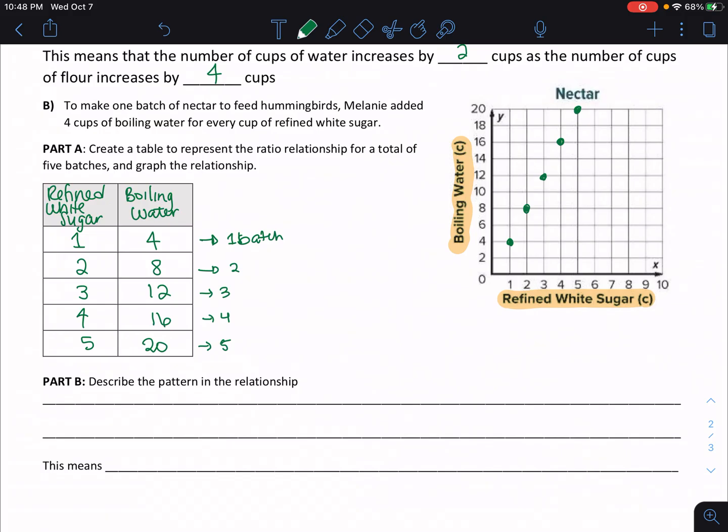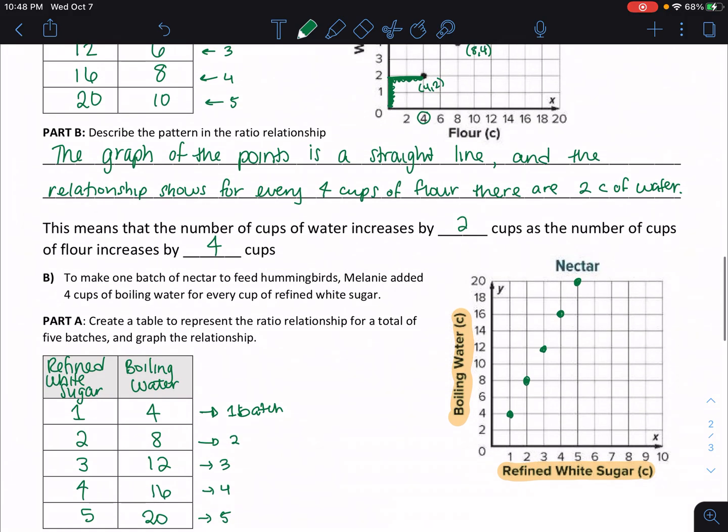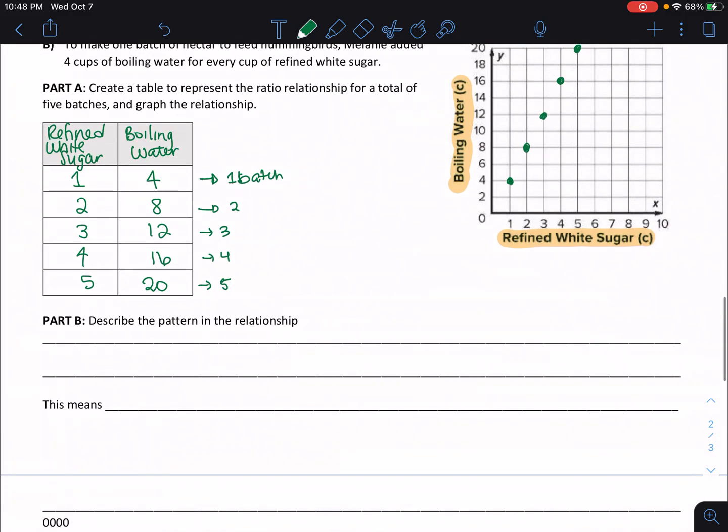Again, that shows a line. So up here we said the graph of the points is a straight line.